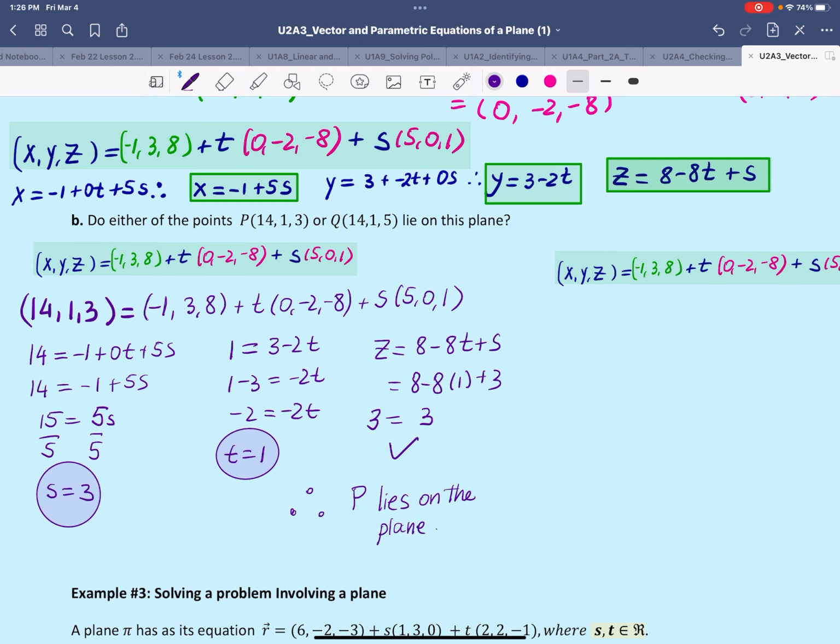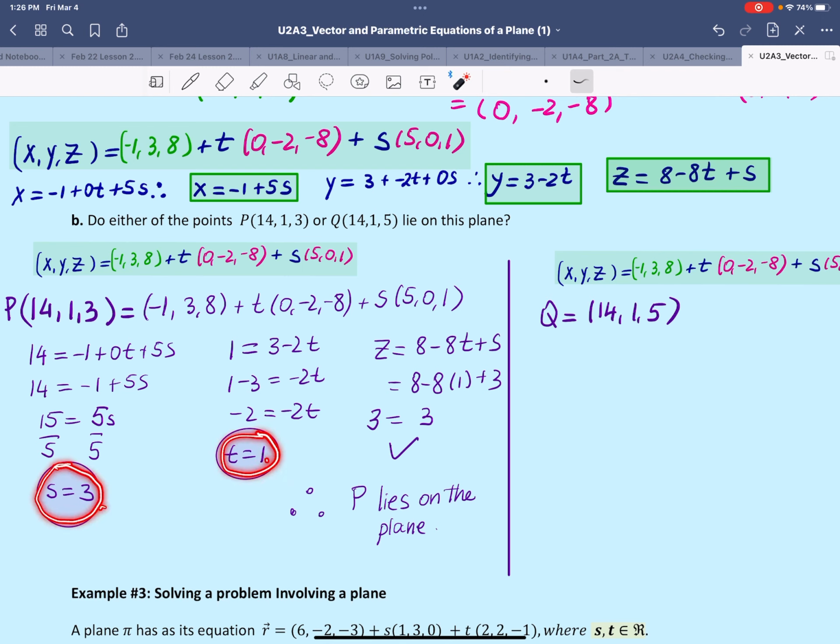Now let's take a look at point Q. The coordinates of point Q are 14, 1, and 5. What I would like you to take a look at here is the coordinates of P and Q and compare. Here is P with 14, 1, 3, and here we have 14, 1, 5. Remember that using the x and y coordinates, we figured out the values of s and t to be 3 and 1.